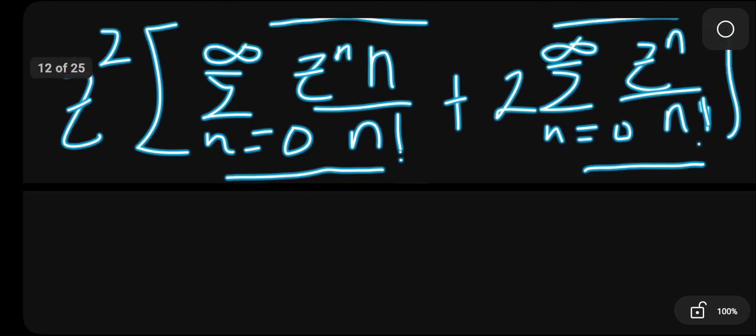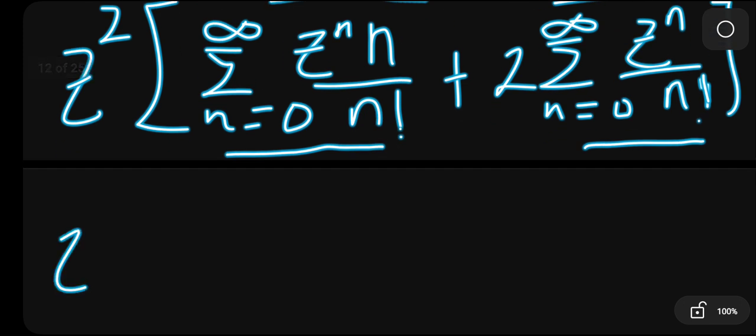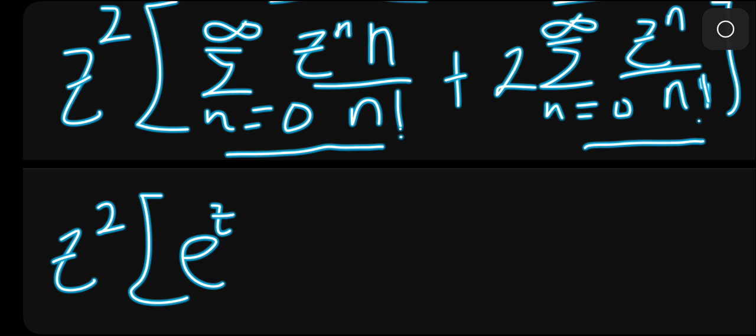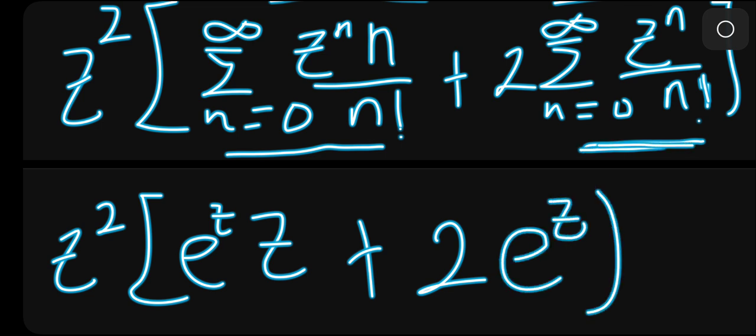So first of all, we can substitute those. So z squared, now I have equation 1 was actually equal to z e power z plus 2 times, this one was the undifferentiated one, which is e power z, the equation 2.